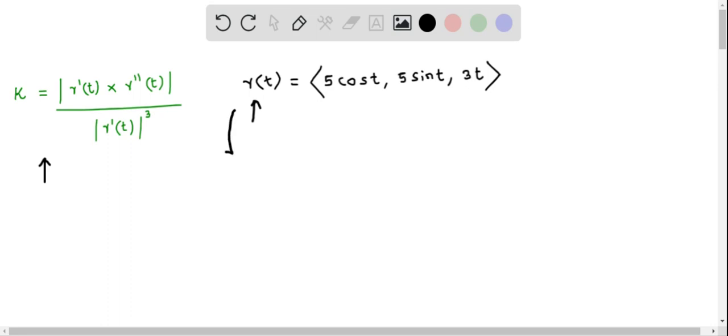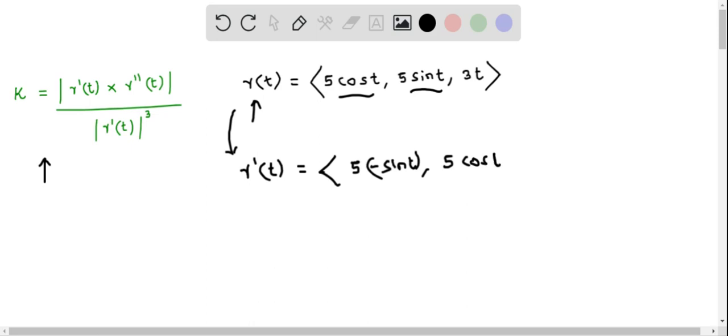So r prime of t is basically the derivative of this vector valued function r of t. We have to find the derivative of each of the terms inside the bracket. The derivative of 5 cosine t equals 5 times the derivative of cosine t, which is negative sine t, and then the derivative of 5 sine t is 5 times the derivative of sine t, which is cosine t.